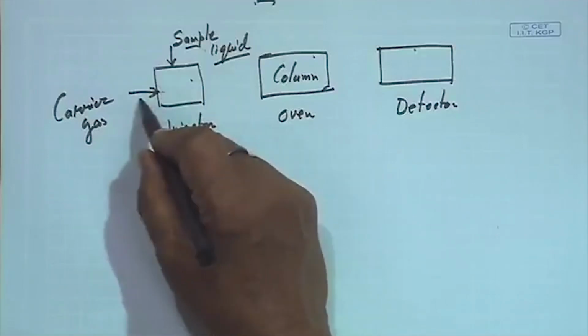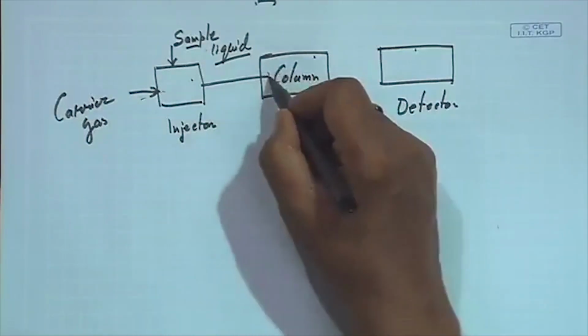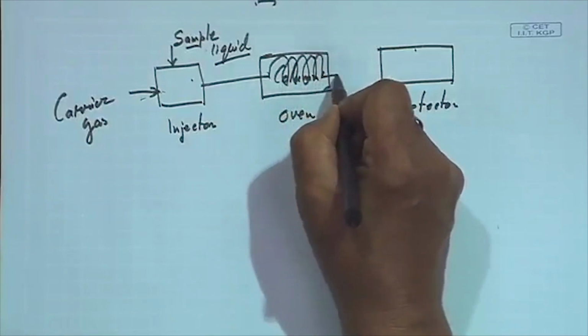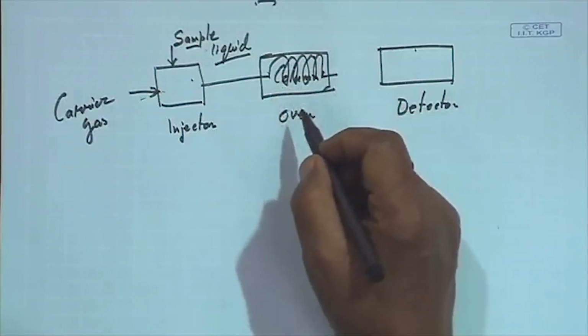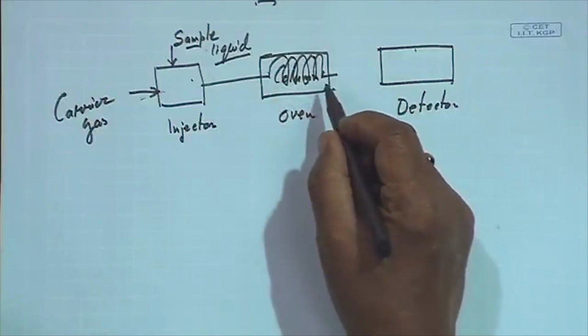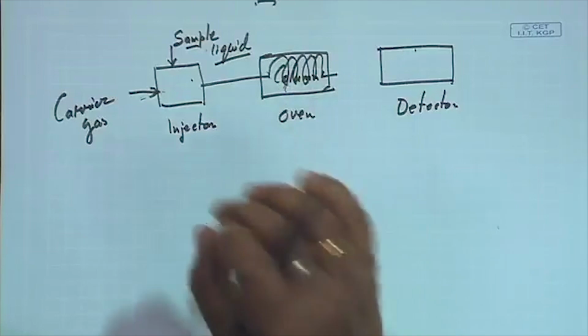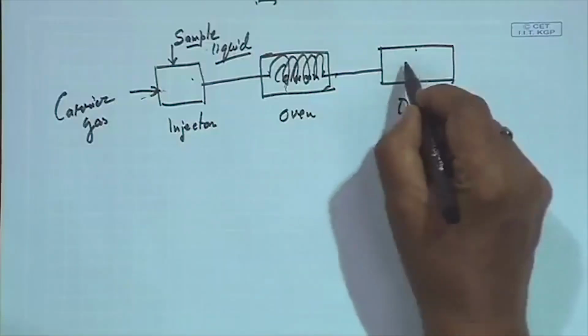Once it is vaporized, the carrier gas will bring the material here. So here I have the column. The column is like this; it may be capillary, it may be a packed column. The column comprises different packing material, and when the sample passes through the column, the different components present in it are separated from each other, and then it comes to the detector.